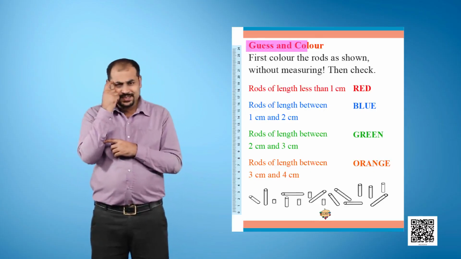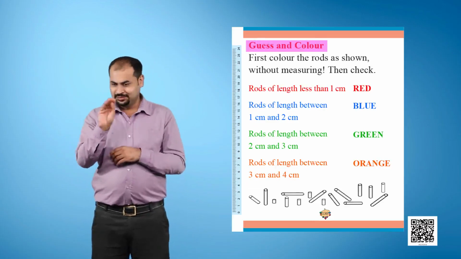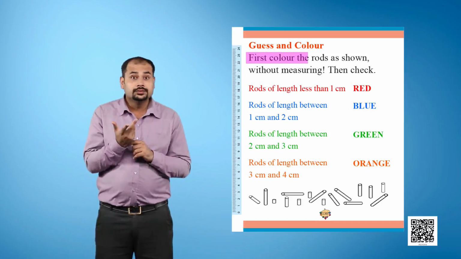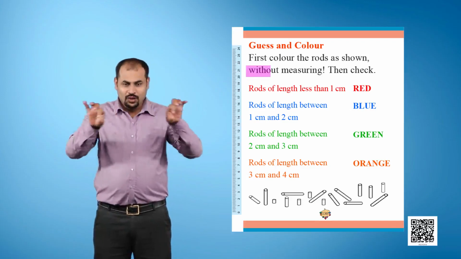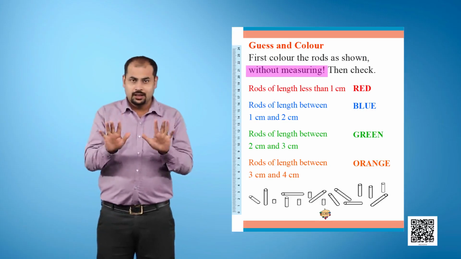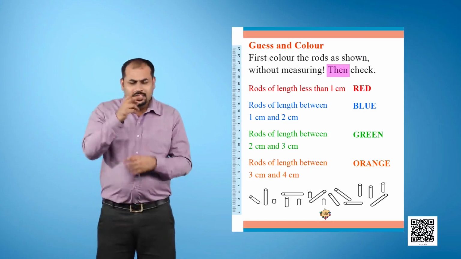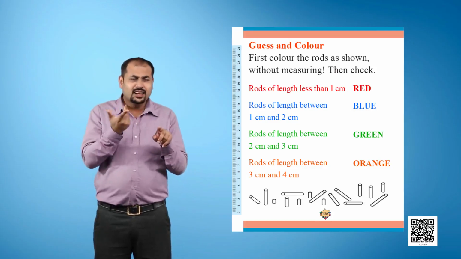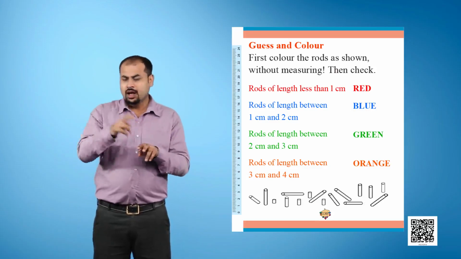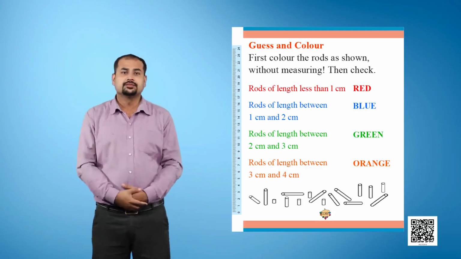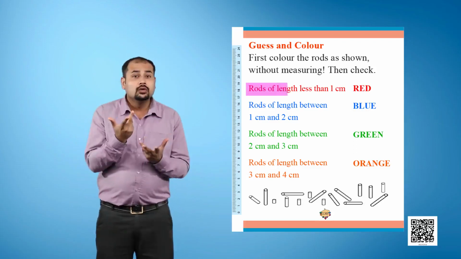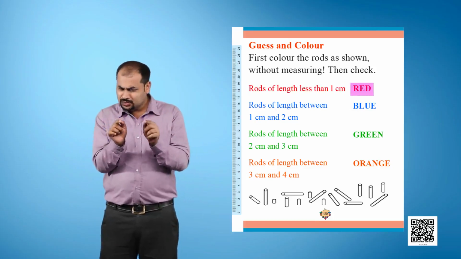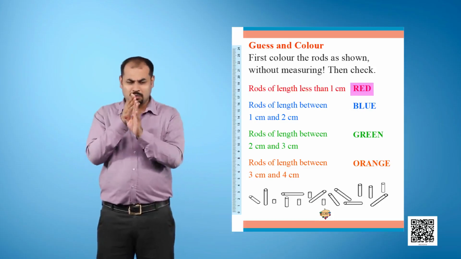Guess and color. First, color the rods as shown without measuring. Then check. Rods of length less than 1 centimeter, red.